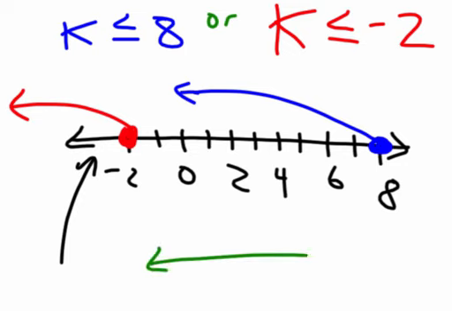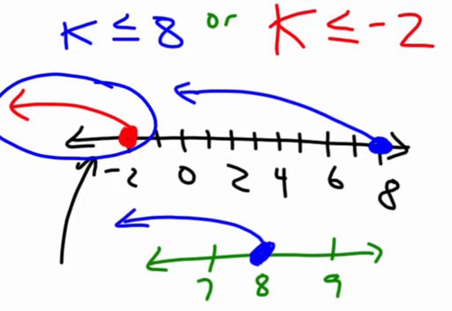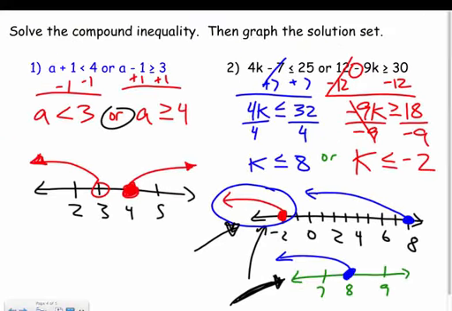But to be a little neater, I simply could do this and say 8 and everything less than 8, because that includes this guy. So I'm okay with either one of those graphs. This bottom graph is a little bit neater, a little more technically correct. It doesn't look as goofy, but they both work. I'm okay with both of them.